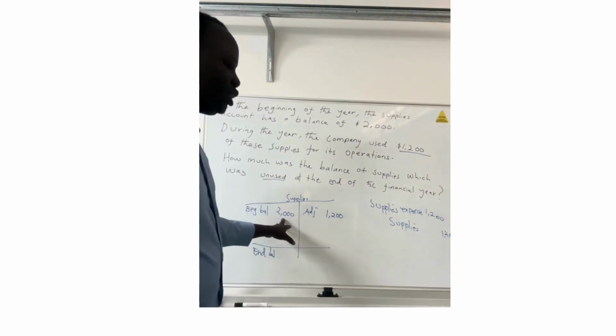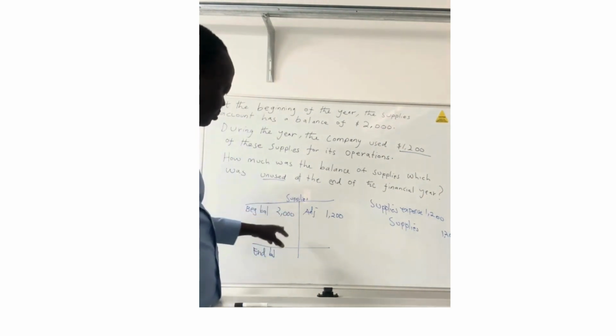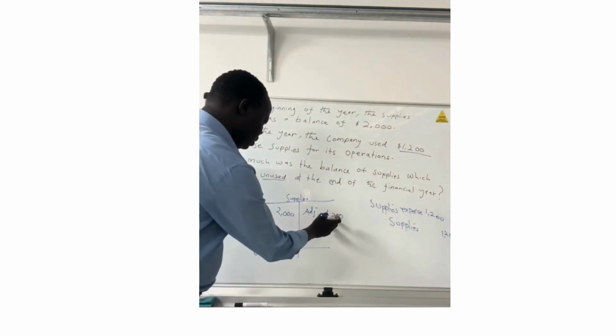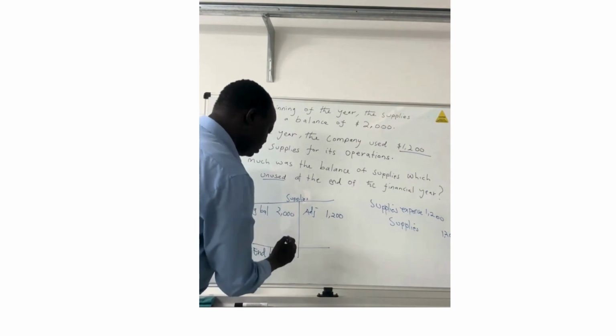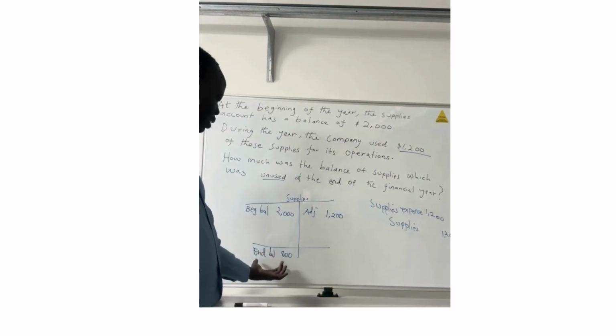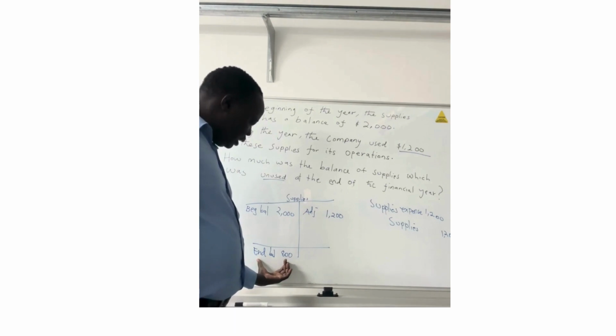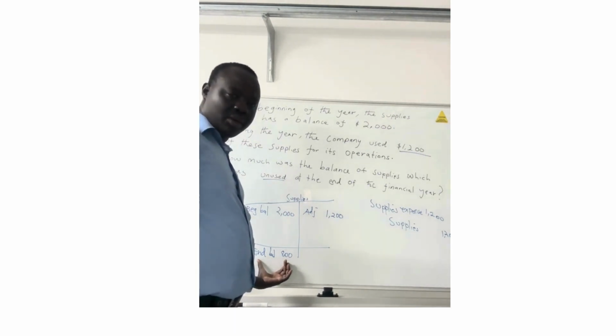Get the difference of these two. What will you get? If you subtract this one from here, you will have $800. This $800 here is our ending balance. Where will it go?